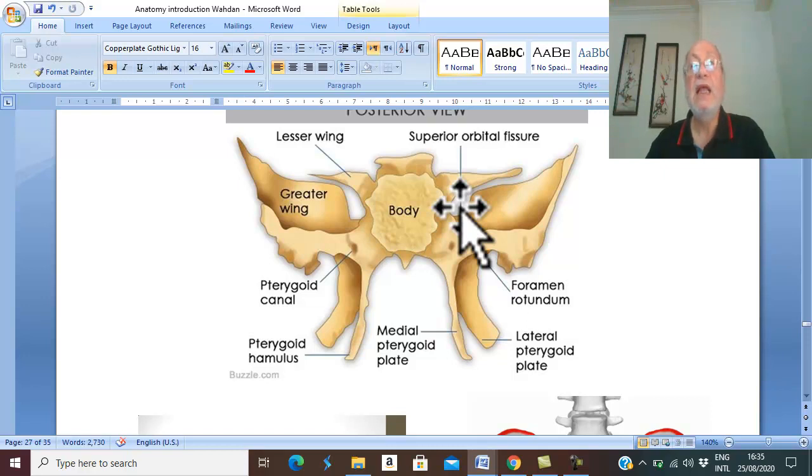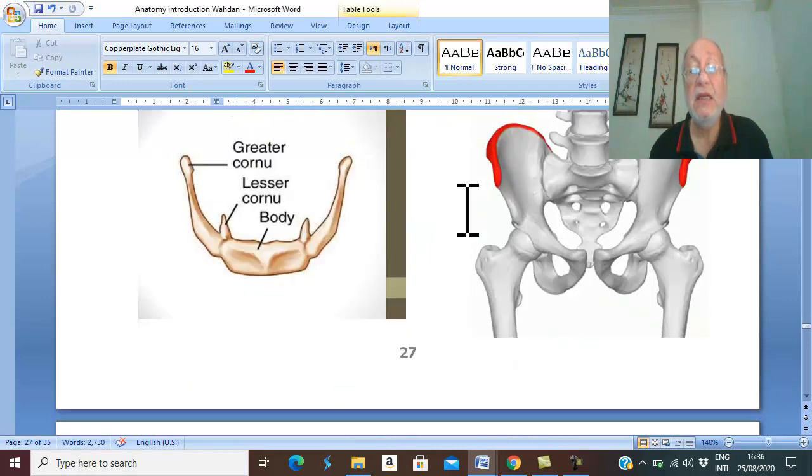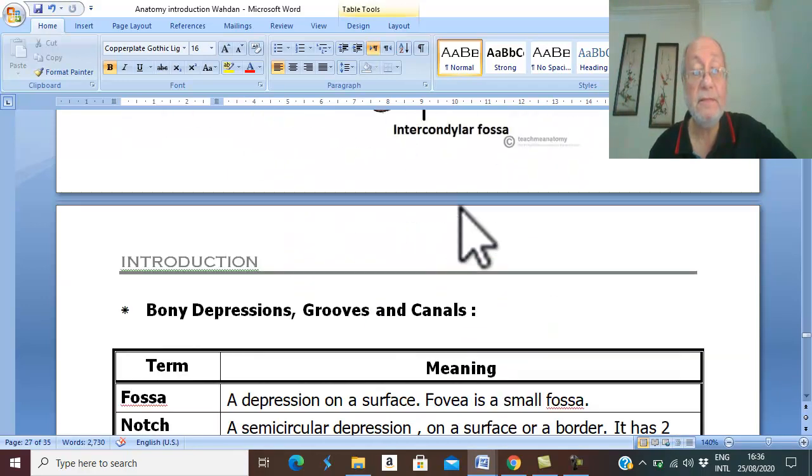Hiatus. Hiatus is a narrow gap or passage. Any gap or passage has two openings, beginning and end. Hiatus means a narrow gap where one end is seen and the other end is hidden, like this in the skull.